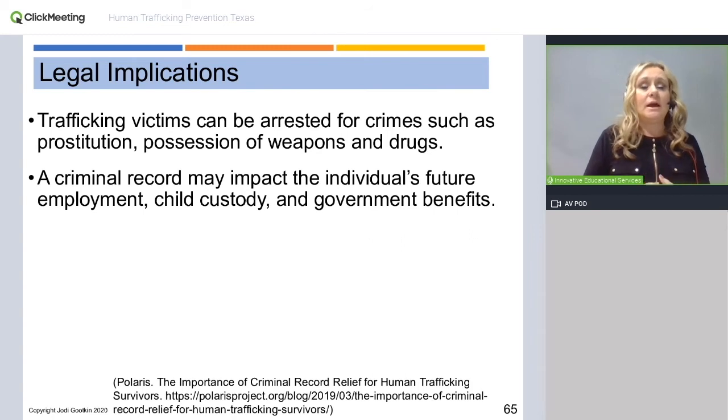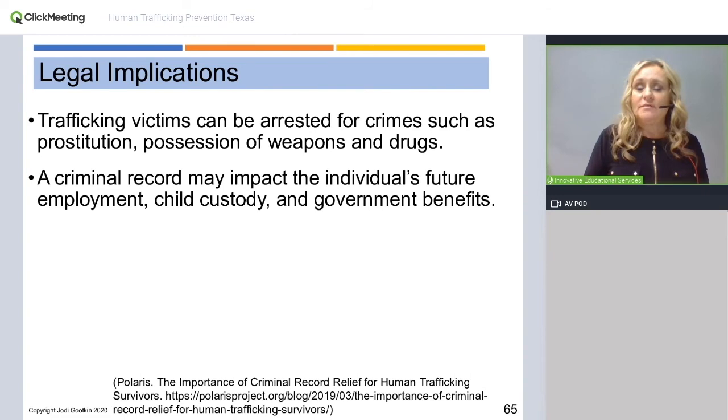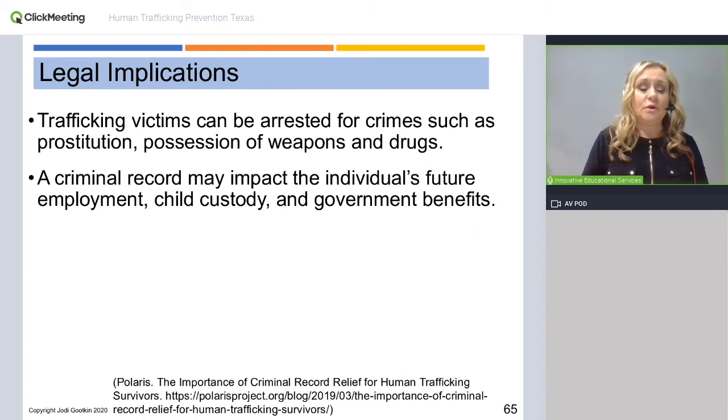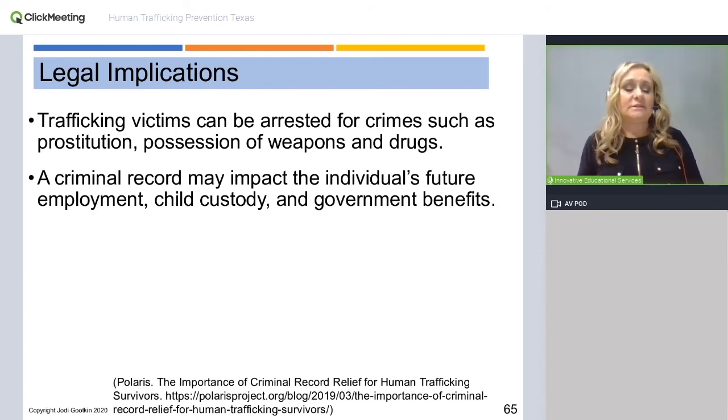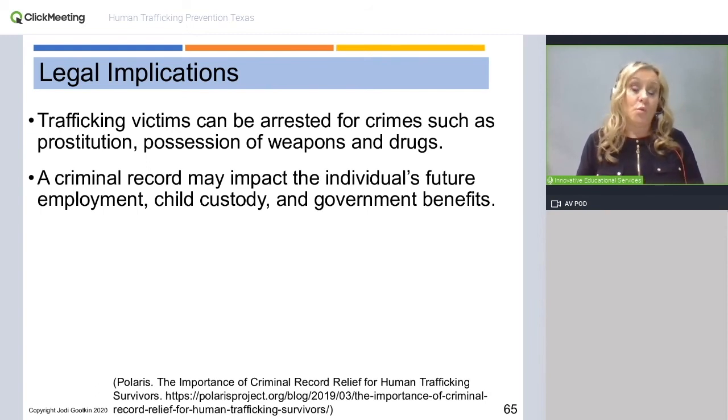They might not be able to apply for a job if they have a criminal record, or get custody or retain custody of their child. Certain benefit programs, if you have a criminal record, you're ineligible for. So it might not be the best decision for the individual for you to call 911. You might want to explore other reporting options.